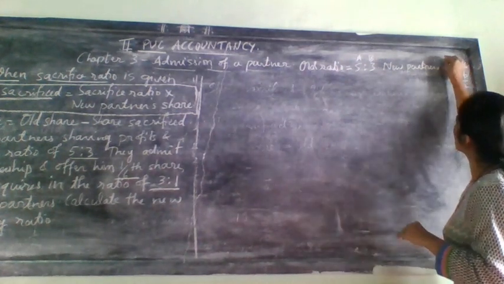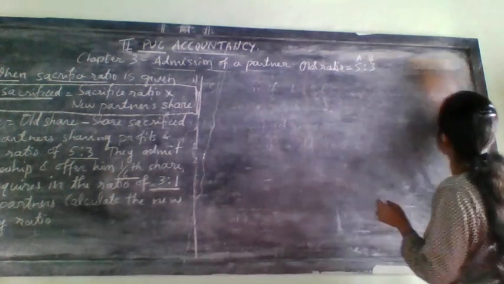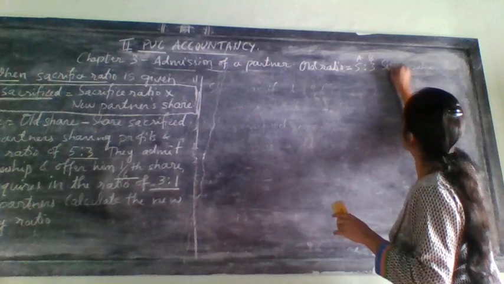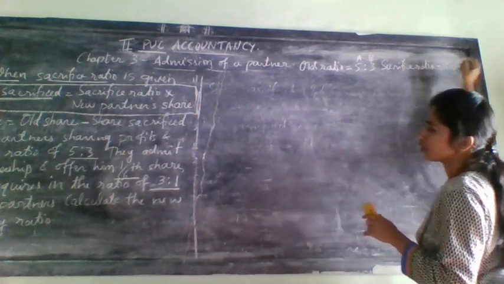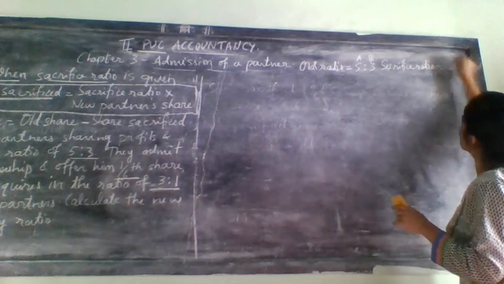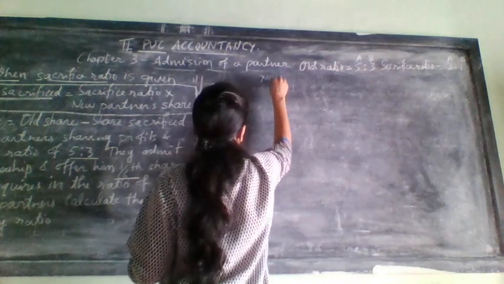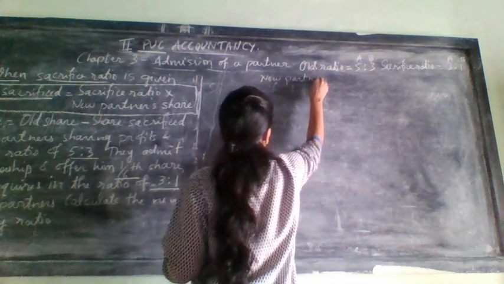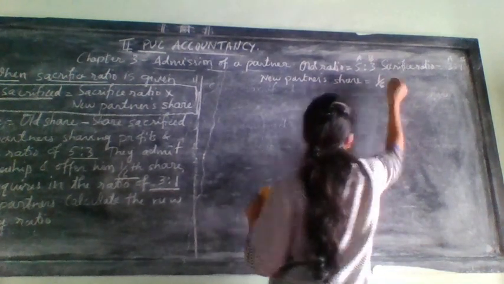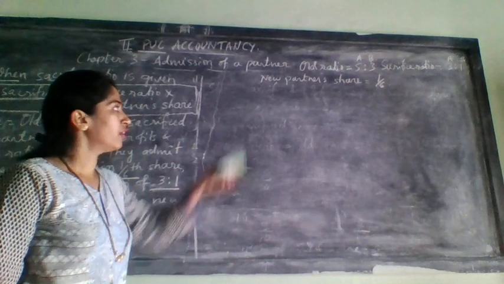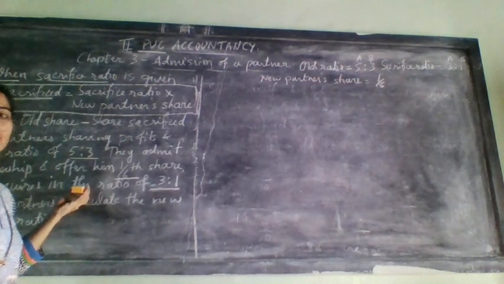The new partner is C. Then the sacrifice ratio is 3:1, this is for A and this is for B. Here there is no need to find the remaining share, because it is not related to it.